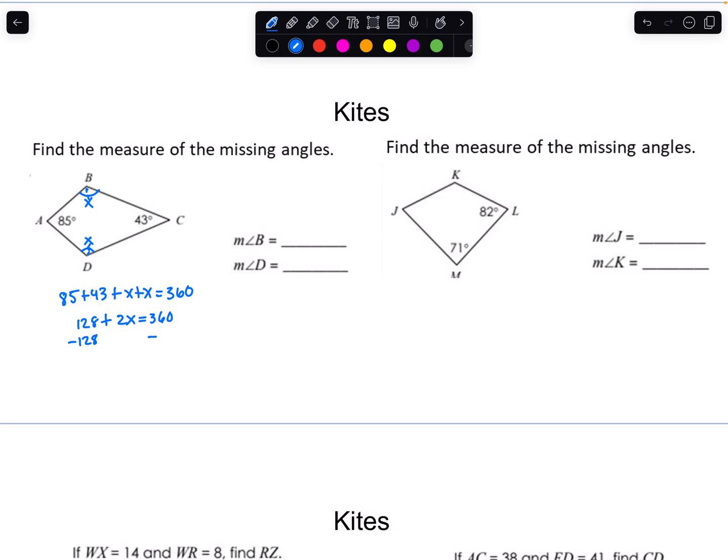As I move the numbers over to isolate the variable, I get 2x equals 232. As I divide both sides by 2, I get x equals 116 degrees. Angle D measures 116, and angle B measures 116.